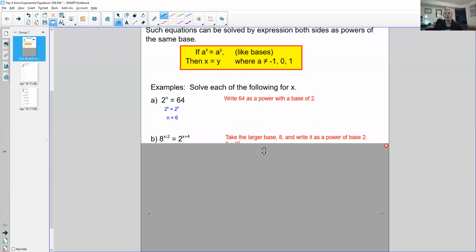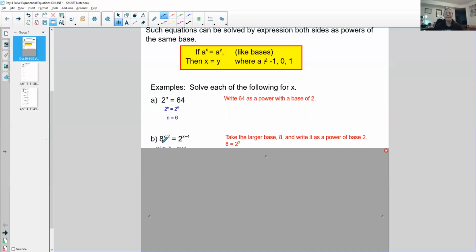Now, they're not always going to be that nice. Sometimes you're going to see things a little bit more complicated. An example like this one is you may have to do a little bit of work on both sides. Actually, this one you don't need work on both sides, let's do that in the next one. So 2^(x+4) is equal to 8^(x-2).